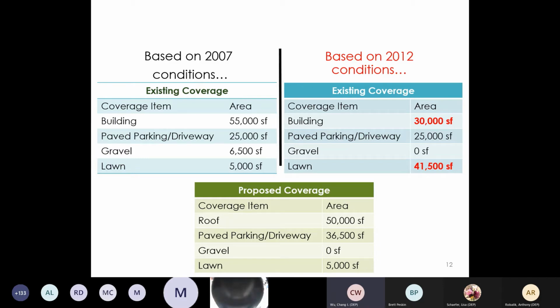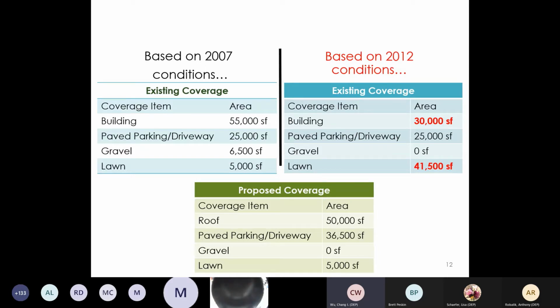There was only 5,000 square feet of lawn area and a lot of impervious surface, or we can say a lot of motor vehicle surface.